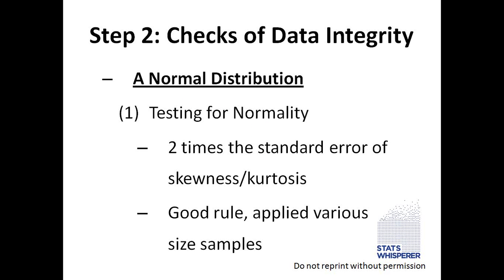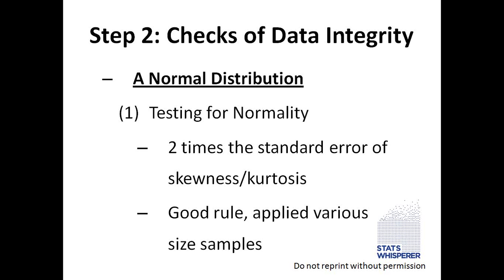Now the other way to test for a normal distribution, and this is the way I like to go, is to look at the actual skewness and kurtosis. Instead of testing them, look at the values for skewness and kurtosis, and see if each of them is 2 times larger than their standard error.